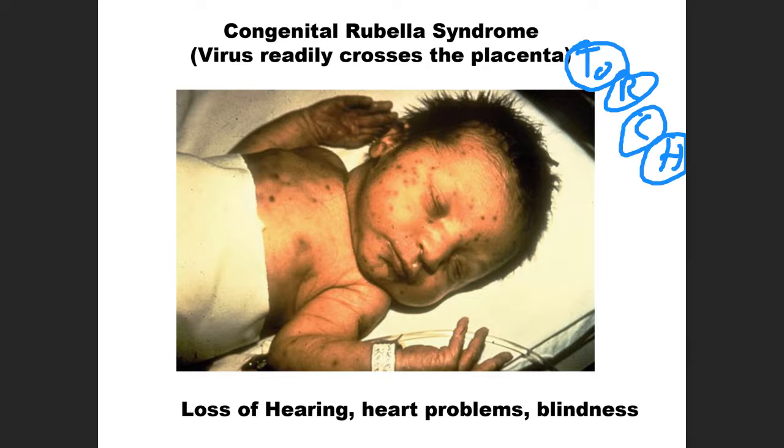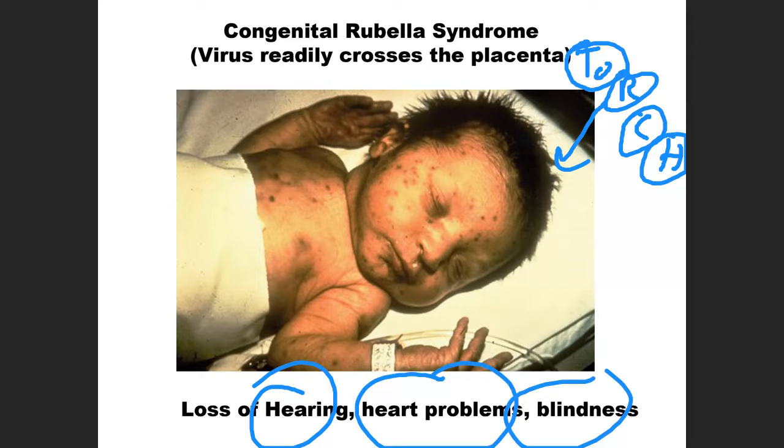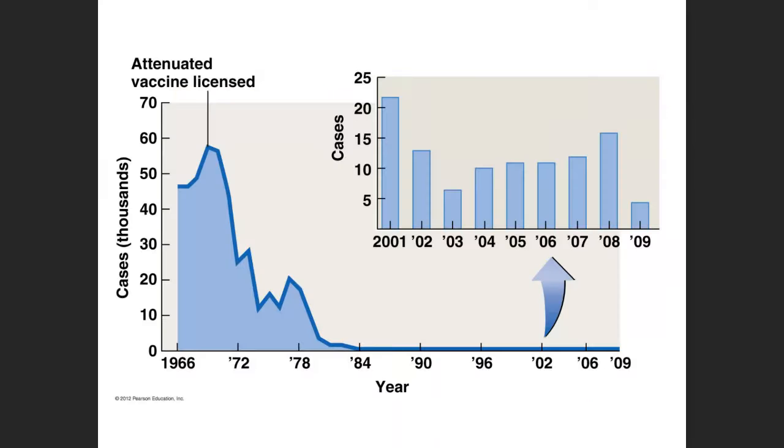With rubella, if a pregnant woman is infected, the virus can cross the placenta and cause a variety of effects, from hearing loss in the infant to heart problems and blindness, and this causes a condition called congenital rubella syndrome. To prevent any of this from happening, vaccination is important.